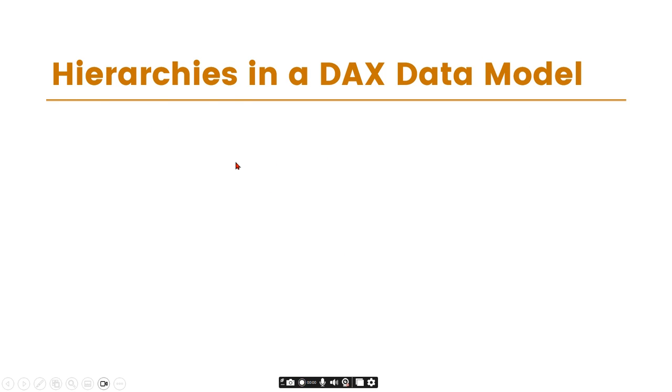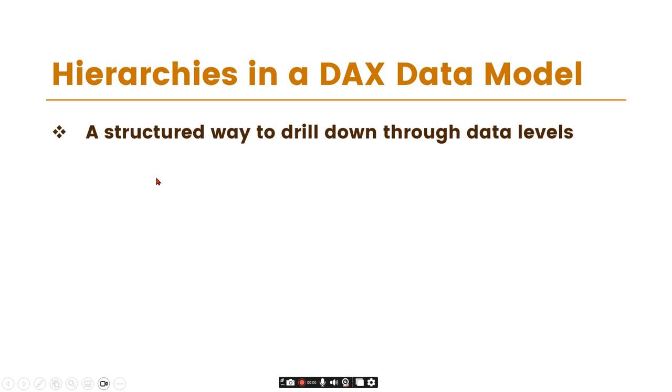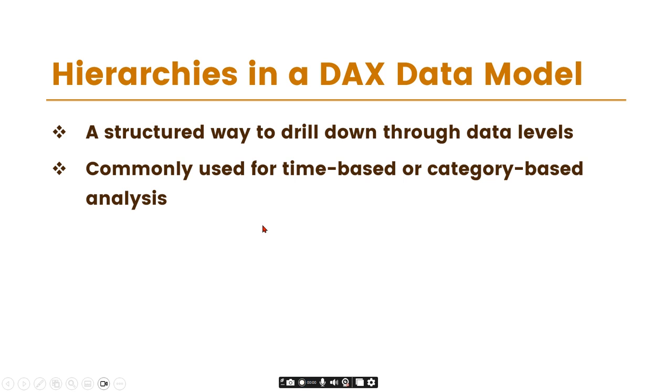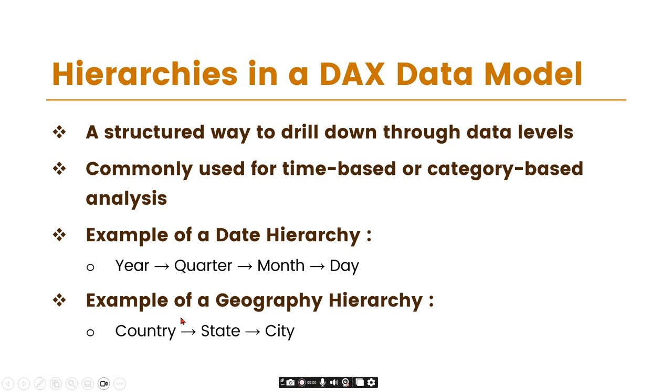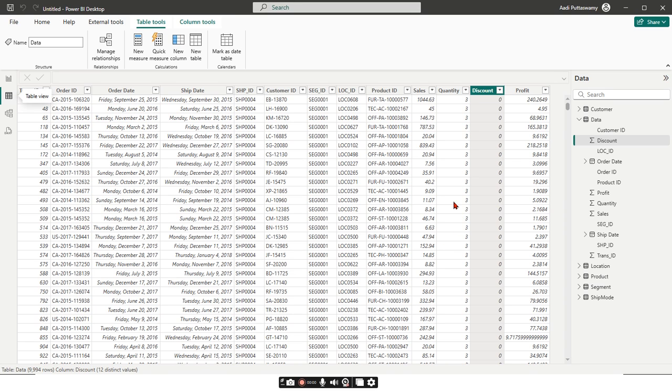Alright, next, hierarchies. Hierarchies in DAX are nothing but a structured way to drill down through data values, commonly used for time-based or category-based analysis, mostly in the date columns. For example, we have date, where we have year, quarter, month and day, and we also have the geography hierarchy where we have country, state and city. Let's see in our Power BI how this hierarchy actually looks.